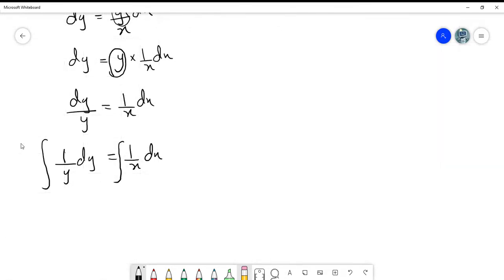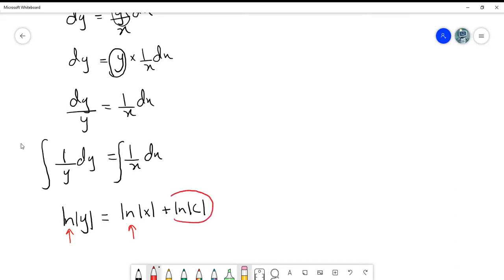As you must know, the integration of 1 over y would be ln of y, which is equals to the integration of 1 over x dx, which should be ln of x, plus a constant which can be written as ln of c. Now remember, when you integrate a function and end up with ln as the answer of the integration, you can write the constant as ln of c as well and not only c.